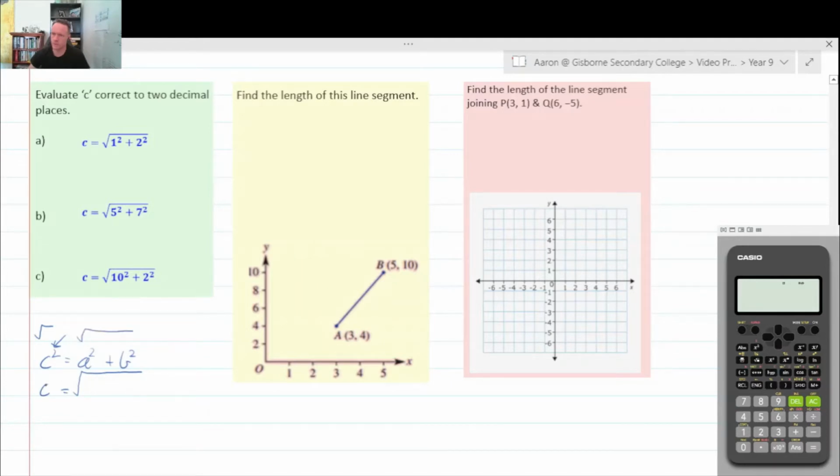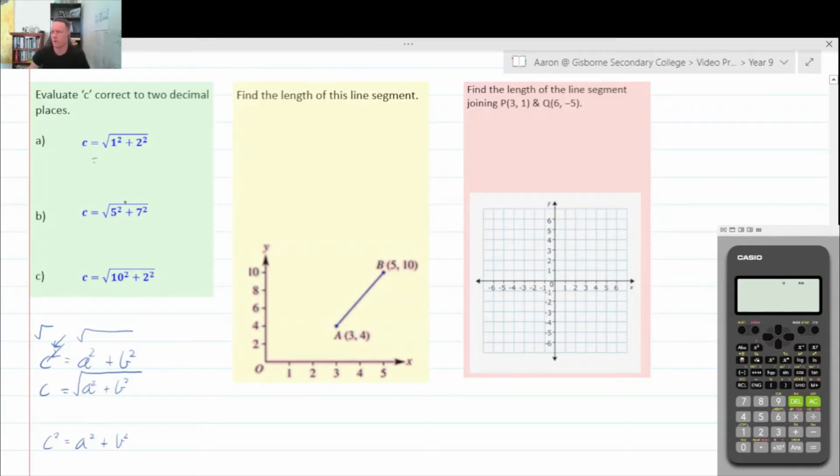So with square root, that gets rid of the squared, and square rooting all this means that we end up with square root of a squared plus b squared. So that's why that above looked a little bit different from that original c squared equals a squared plus b squared. If we're okay with that, we're able to do that top bit fairly easily.